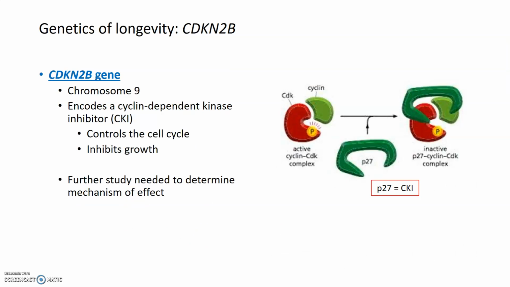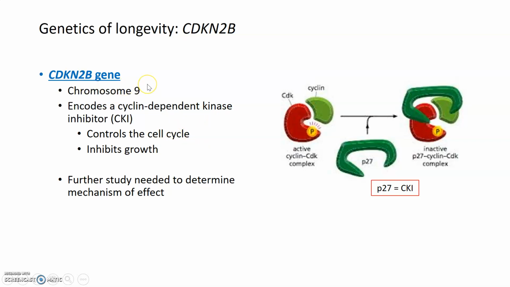Finally, the last gene we're going to discuss is a CDK gene, or a cyclin-dependent kinase inhibitor, which is a protein that inhibits cyclin-dependent kinases, or CDKs, to help control the cell cycle and inhibit growth.